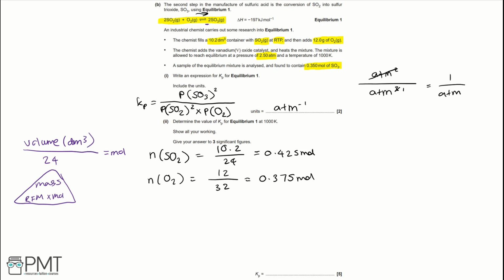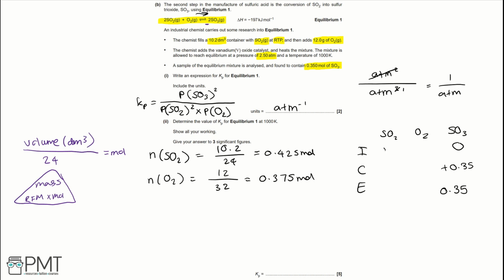Then we're going to use ICE. This is an acronym for working out the moles at equilibrium. So we've got our initial moles, our change in moles, and our moles at equilibrium. Our moles at equilibrium for SO3 is, we've been told in the question, 0.35. So that means we've got a change of plus 0.35, and initially there would be 0.